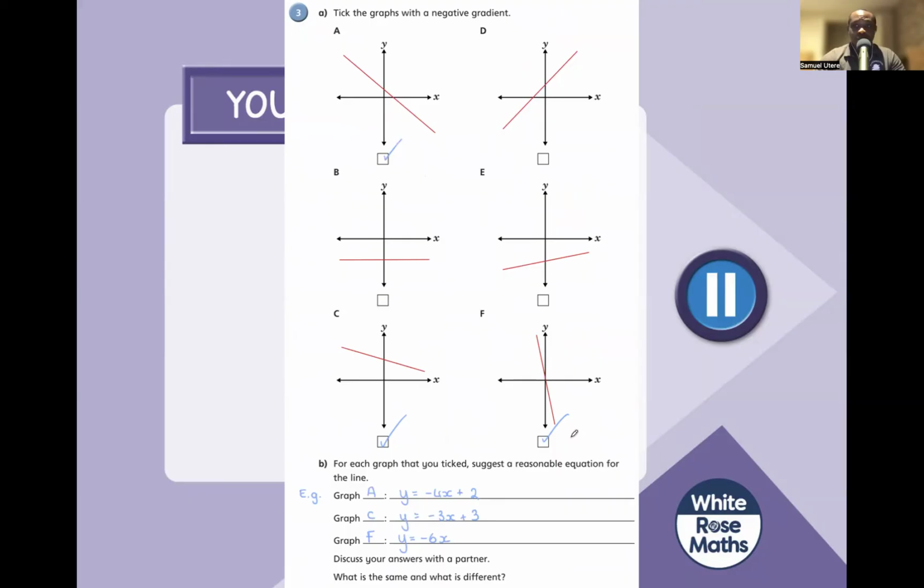Did you notice that in all the tables we've been doing? I'm sure you should go back and watch. You would see that all the graphs with negative gradients had their x values to be negative. And look at it here. Negative x values, negative x values, negative x values.